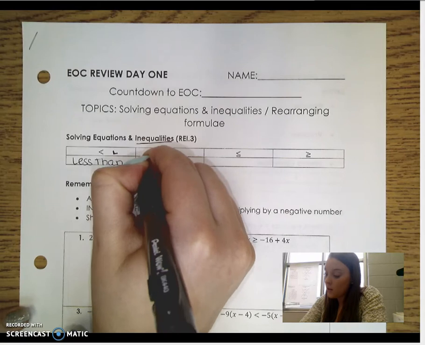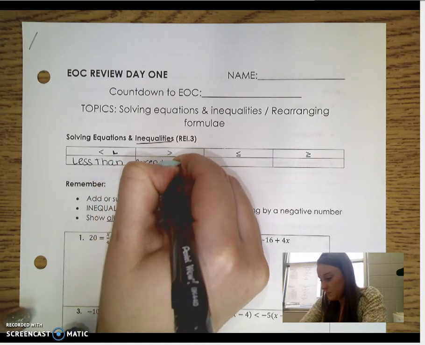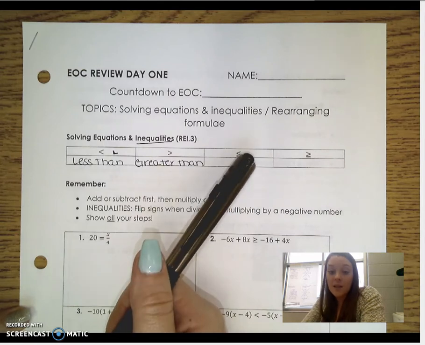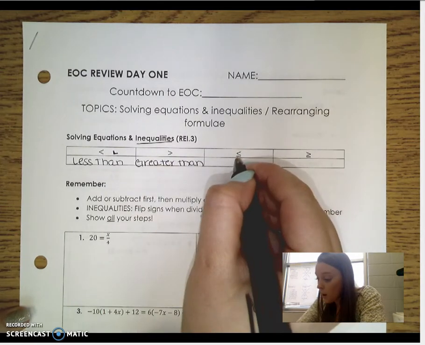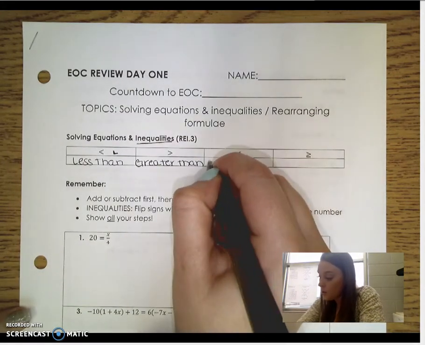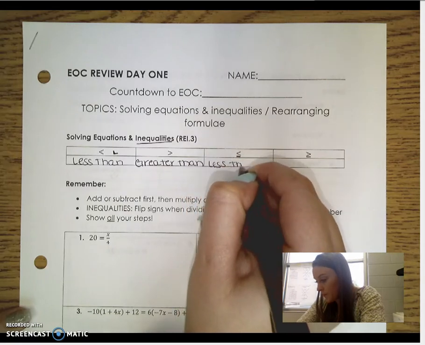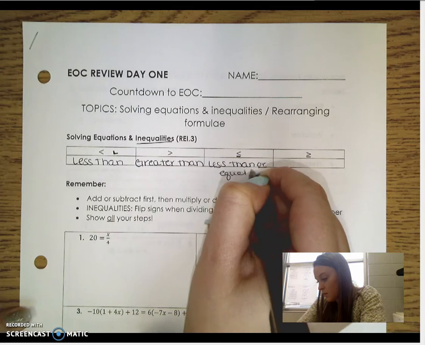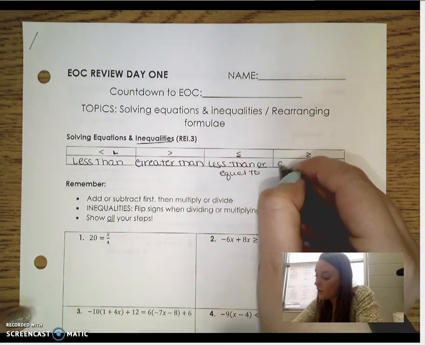So this would be greater than. This symbol here would be less than or equal to. This bar underneath the less than sign means it could be less than or equal to whatever expression is shown. And then lastly, we have greater than or equal to.